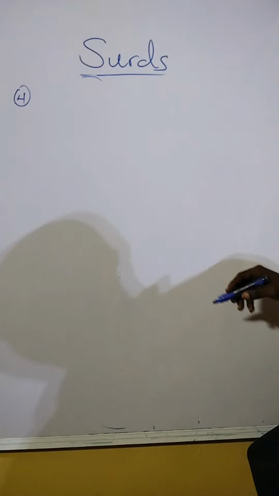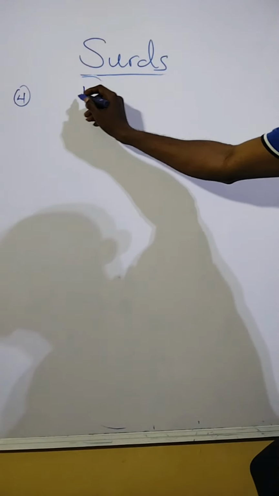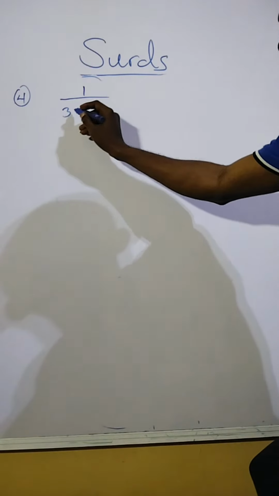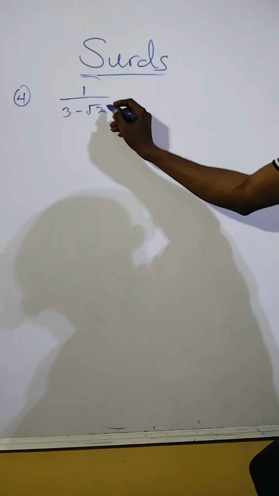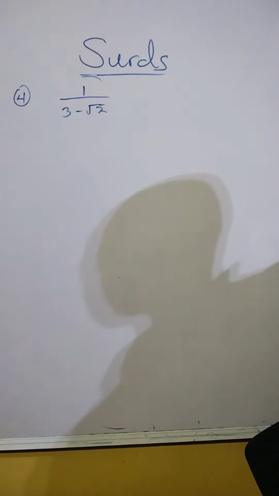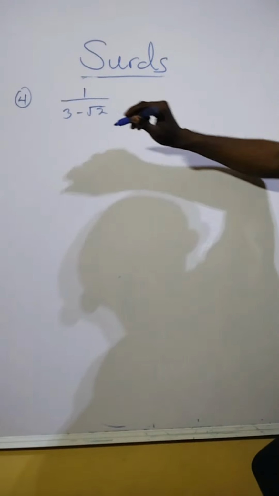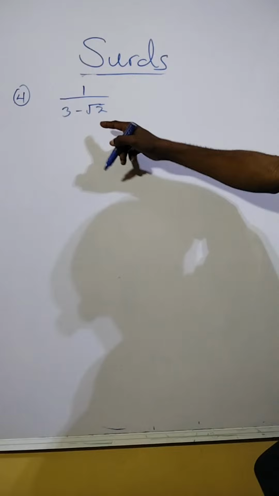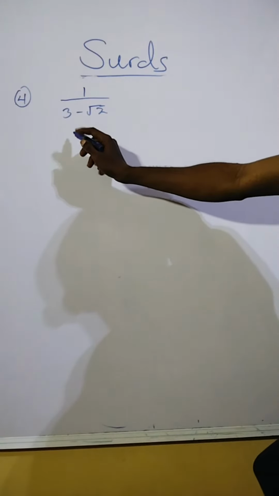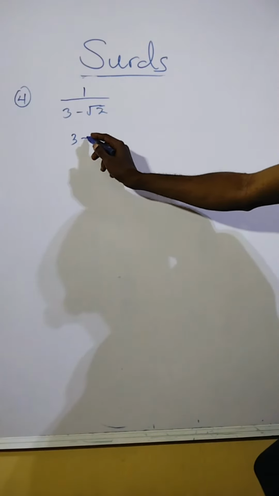Then 1 divided by 3 minus root 2. We want to solve this. Now we rationalize this as well, and we multiply the numerator and denominator by the conjugate surd of the denominator. The conjugate surd is 3 plus root 2.